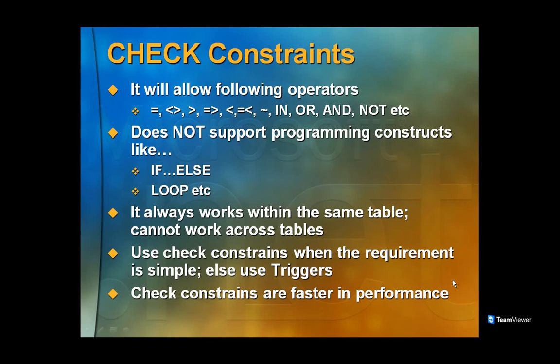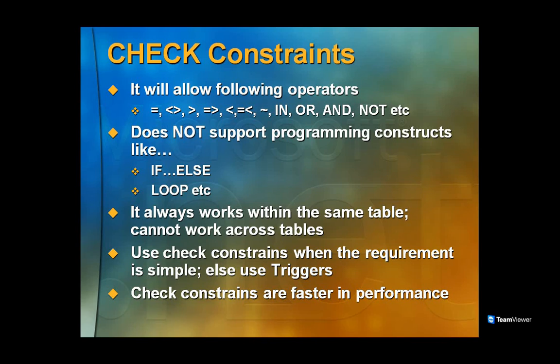Use check constraints when the requirement is simple, else use a trigger. Check constraints are faster in performance. When a check constraint cannot do its job, why? Because the requirement is complex, and then you have to go for the trigger. Whatever a check constraint does, a trigger also does; both validate the data.